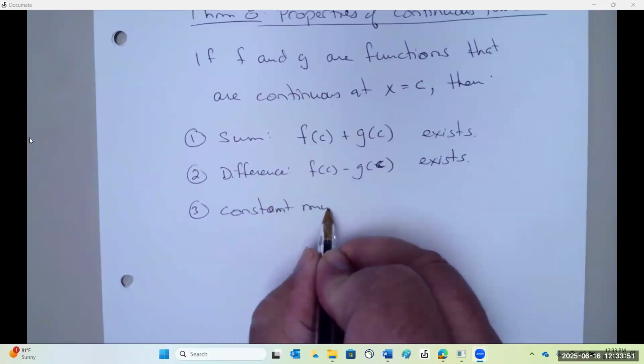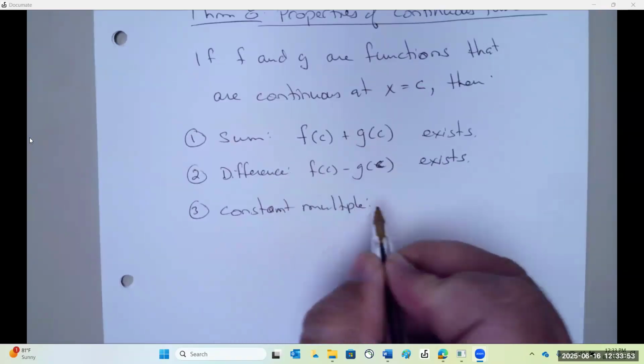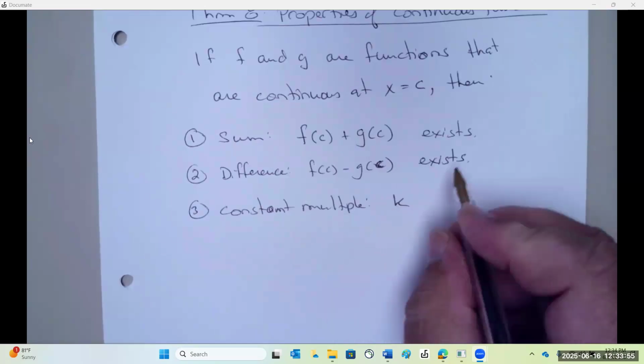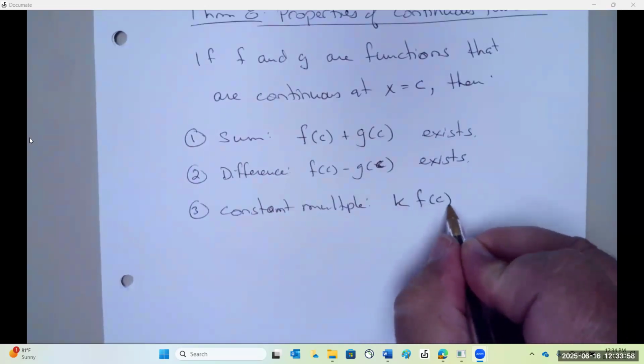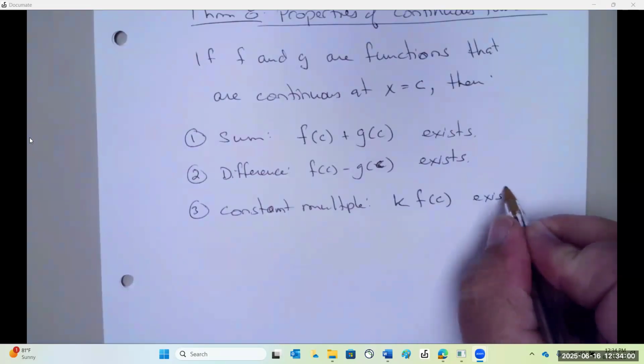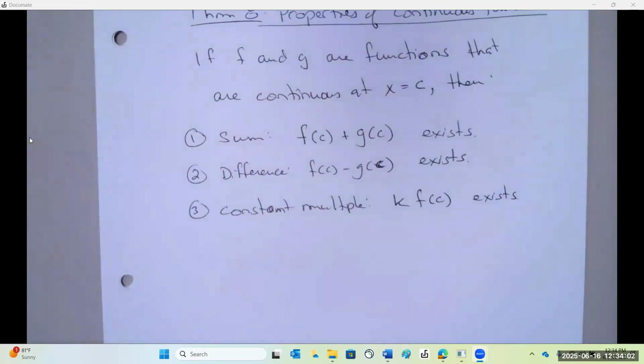The constant multiple, k times f of c. Since f of c exists, when you multiply by a constant, then it exists.